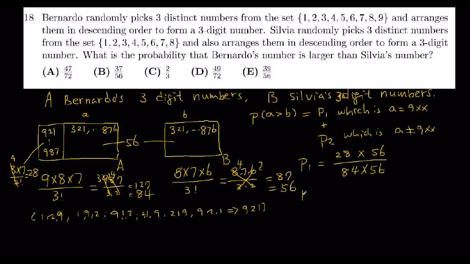For P2, we have to observe that this subset has 56 numbers and the other has 56 numbers as well. Both subsets contain the same amount of numbers and the same numbers as well. So we have a total of 56 times 56 combinations.